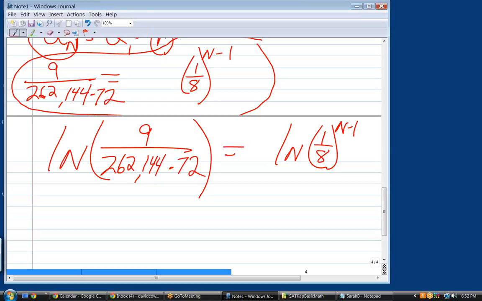Yeah, there's a rule. You can take the exponent and put it down on the algebra line. In other words, I can take this n minus 1 and put it here, in parentheses, away from the exponent. That's the same thing. Now I'm going to divide both sides by the natural log of 1/8.